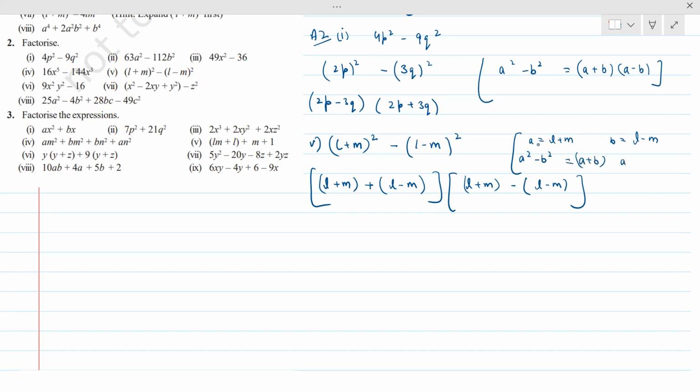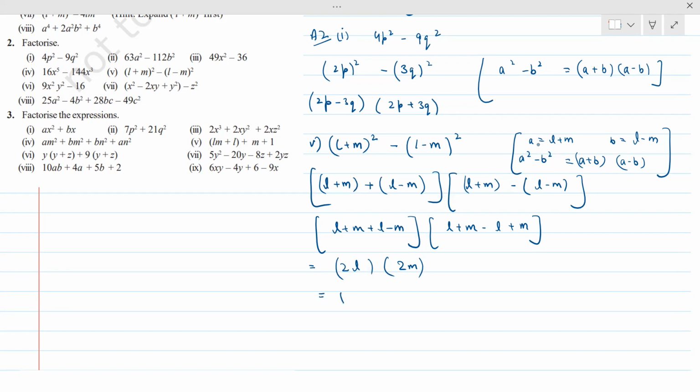A plus b, a minus b. Now we can further solve it. L plus m plus L minus m and L plus m minus L plus m. So it is 2L into 2m, which you can write as 4ml. This is the factorization of this. You have solved it further.